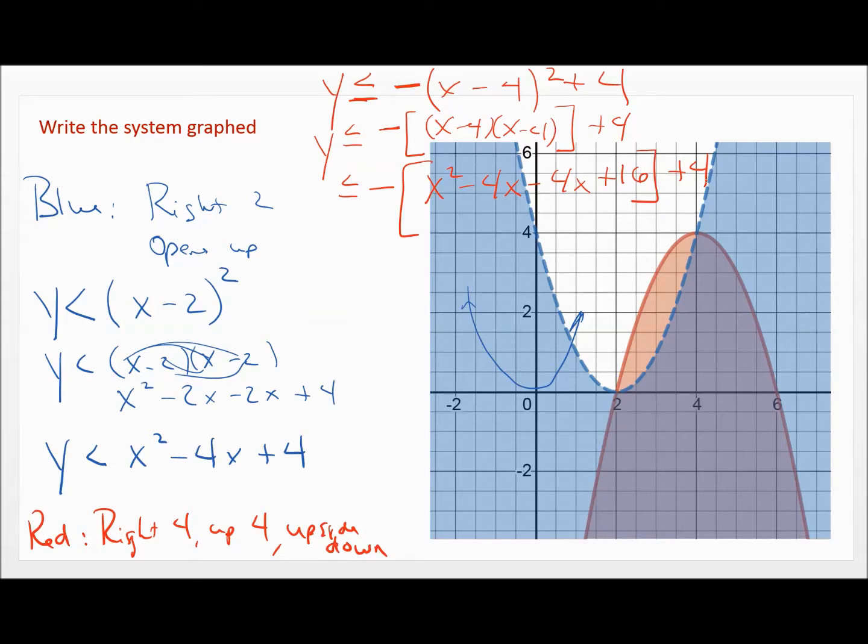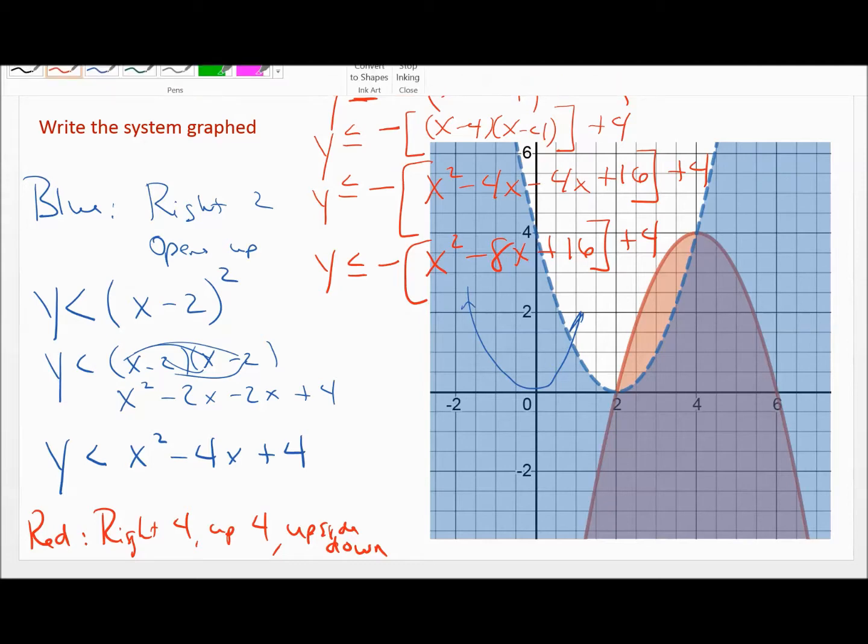Work this out yourself, and you're going to go, oh, that's all she's doing. Okay? All right, so y is less than or equal to negative out front. Now, x squared, negative 4x minus 4x is minus 8x, plus 16 plus 4. What's with these parentheses? Remember, the negative applies to what's in parentheses. So I have to work this part out first, then distribute that negative inside. And finally, that's what I'm about to do.